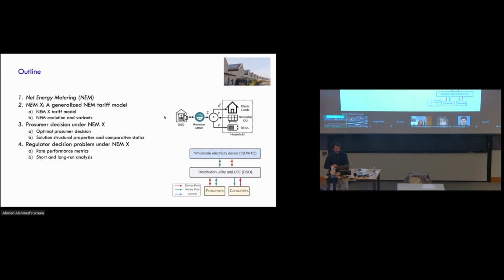Here you will see the terminology prosumer. It refers to a customer who can produce and consume. This is just a silly name. They call it prosumers. And then I'm going to leverage the prosumer optimal decisions in the regulator's decision problem of coming up with a price that achieves a certain objective for the population.